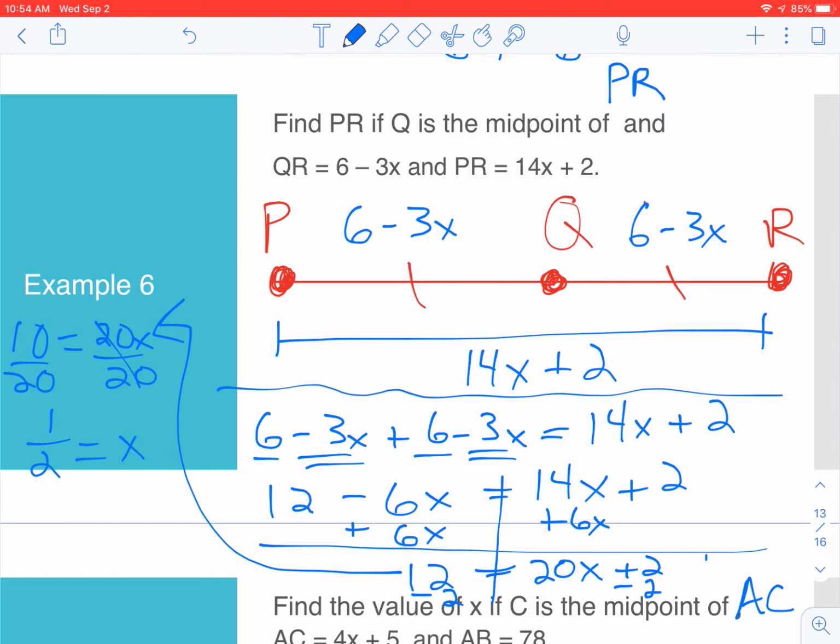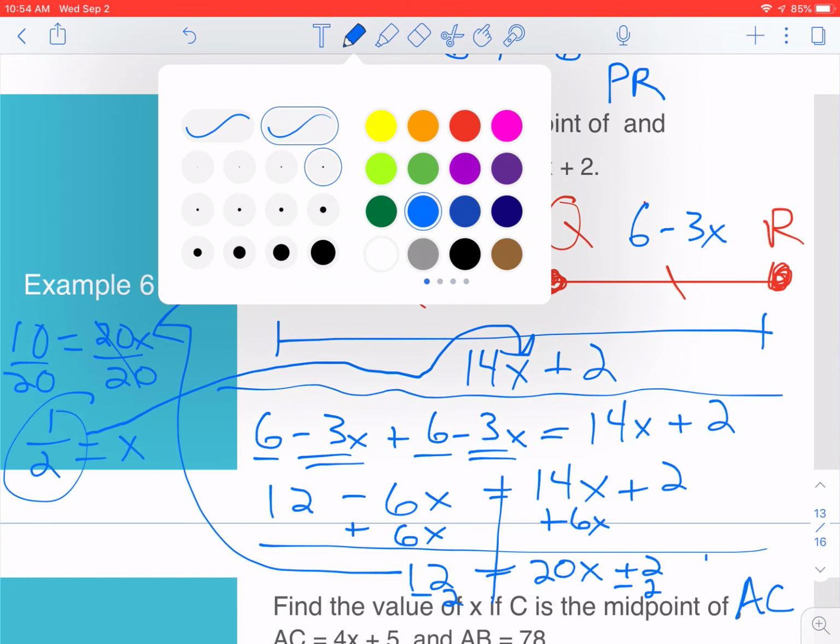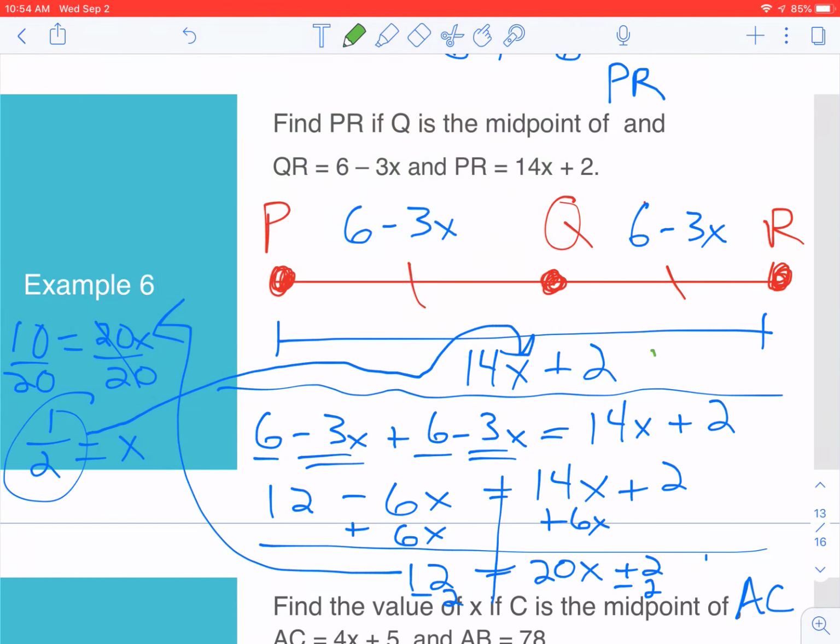So I'm going to take my X number and I'm going to plug it back into right here. So 14 times 1/2 plus 2. 14 times 1/2 is 7. 7 plus 2, my final answer would be 9. So we have to find X and plug it back in. Sorry that looks a little messy. Hopefully in class you guys will get to see it and we'll do it a little bit better.